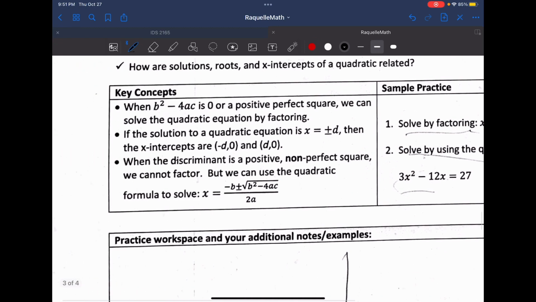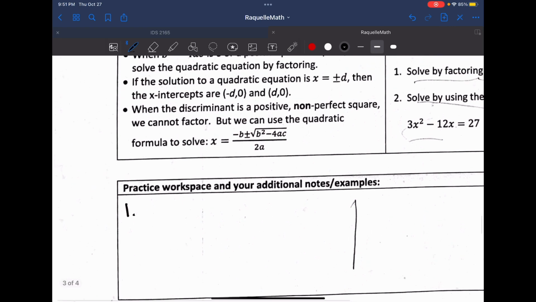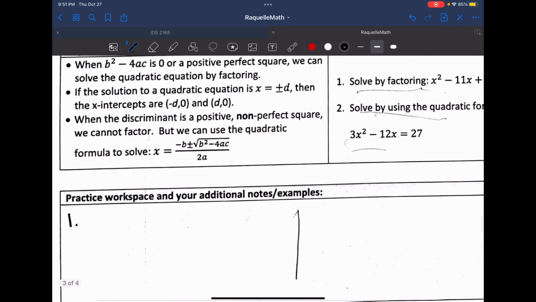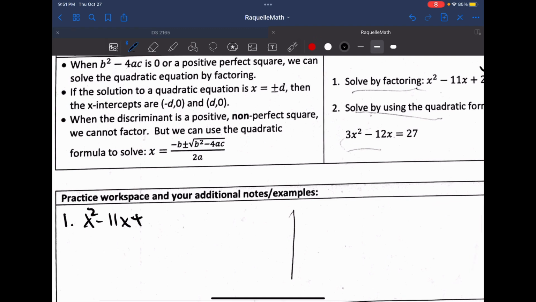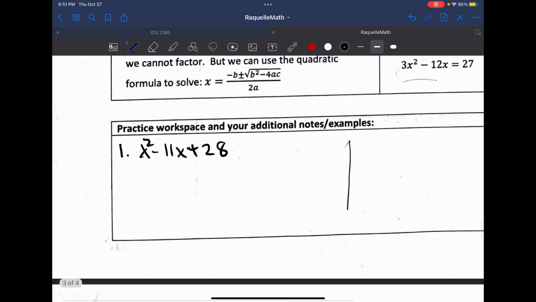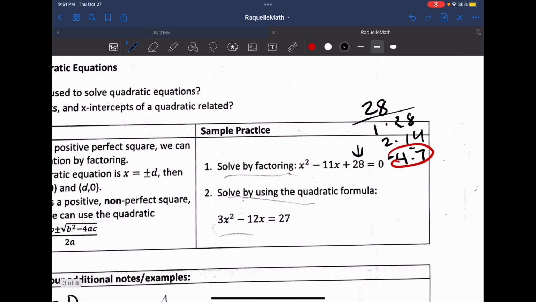So I'm going to take this down here. Let me rewrite the problem real quick. Plus 28 equals 0. We know that we can have the negative 4 and 7.